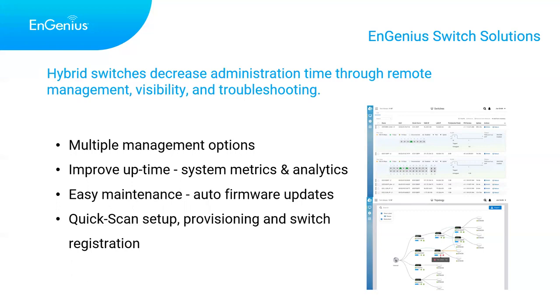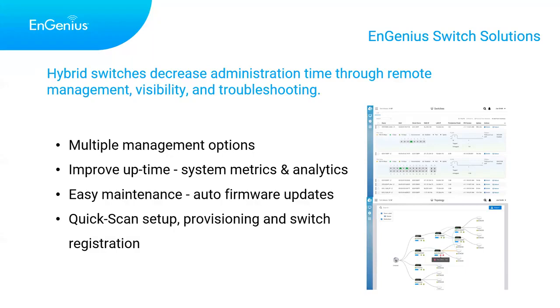They do also work with our cloud system, and I'll show you what our cloud system looks like, and what the switches look like within the cloud, in just a moment. You can manage them through the cloud, and that improves uptime. You can look at system metrics and analytics of the particular switch. There's really easy maintenance when you tie it to the cloud. There are auto firmware updates, for example, and you can look at different logs.